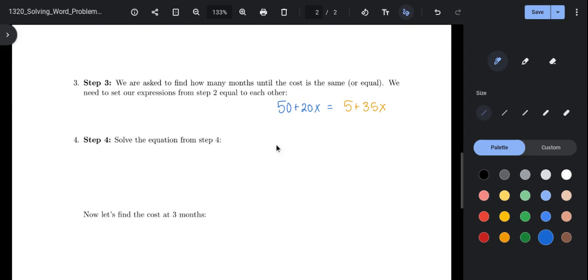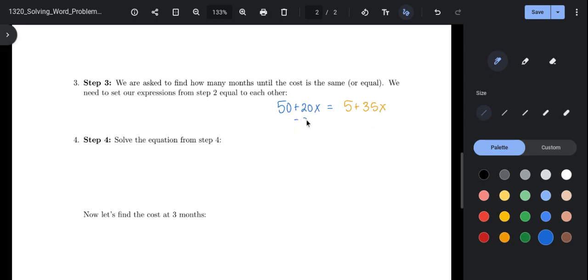Step 4, this is when we solve our equation. When we're solving an equation with an unknown, we move every term with our x's on the one side, and then we want everything else on the other side of our equal sign. So the first thing I'm going to do is move my x's to one side.